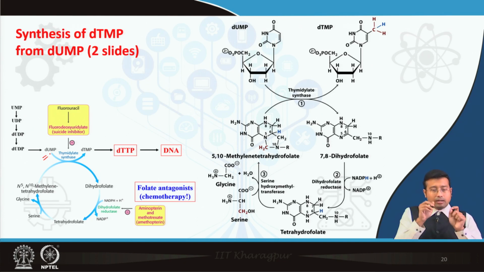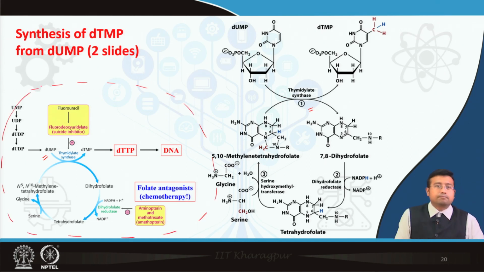Okay. Now this dUMP is acted upon by the enzyme thymidylate synthase. We will break it down. So this is the reaction in a nutshell. Why is this reaction important? Because once you have studied the whole reaction, we can answer the question from when we were discussing nucleotide analogues.